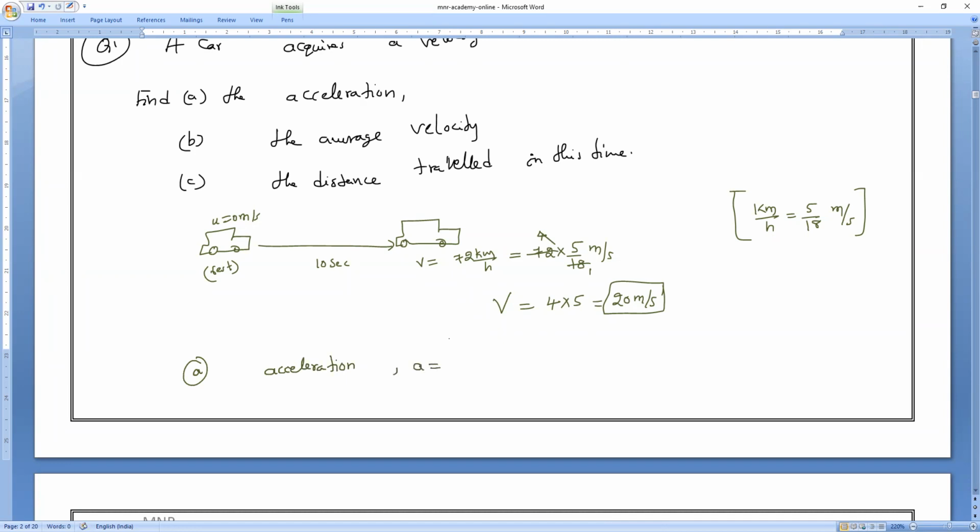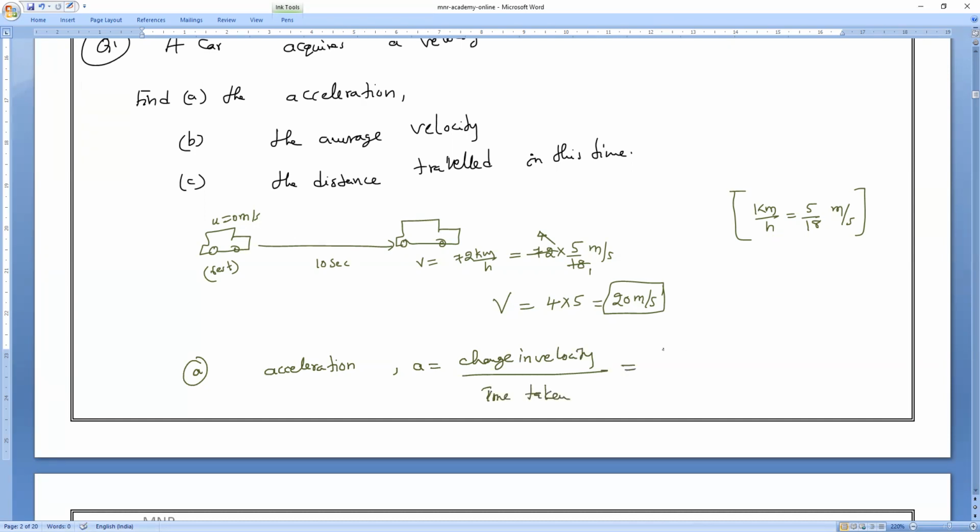Acceleration a is equal to what is the formula? Kishore will say. Change in velocity divided by time taken. Very good.